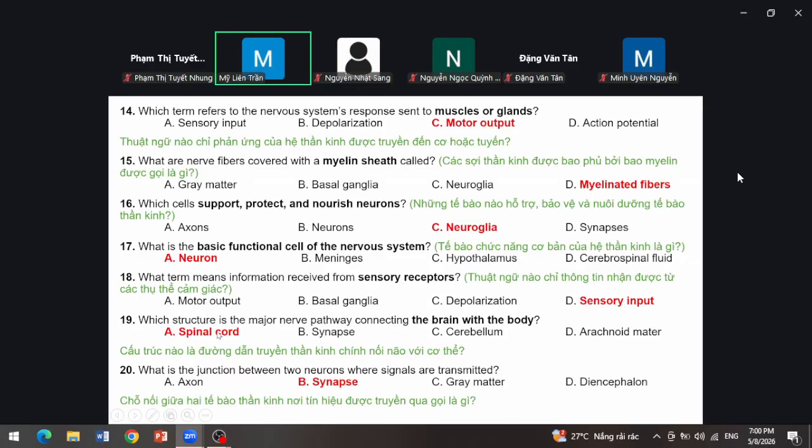A spinal cord is the major nerve pathway connecting the brain with the body. 20. A synapse is the junction between two neurons where signals are transmitted.